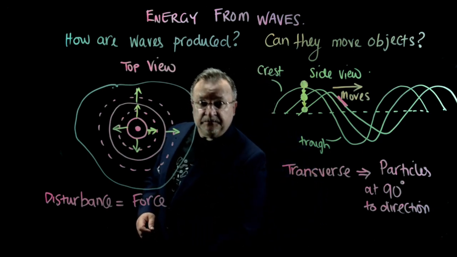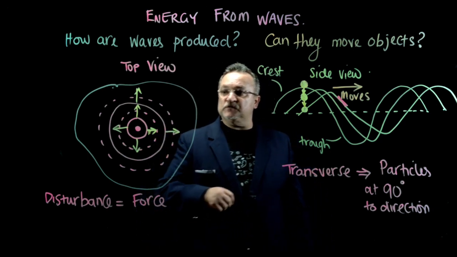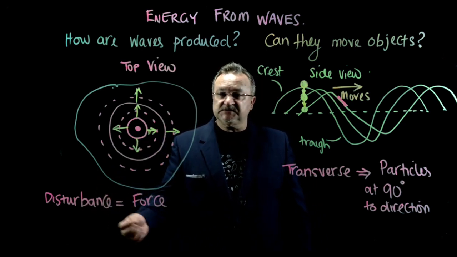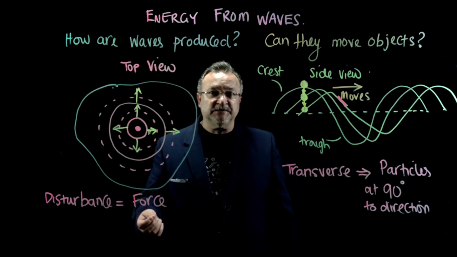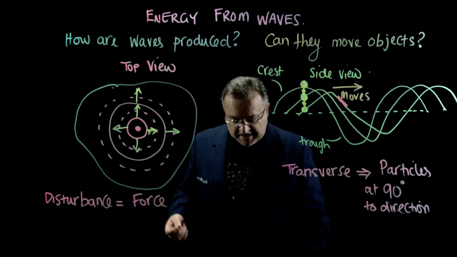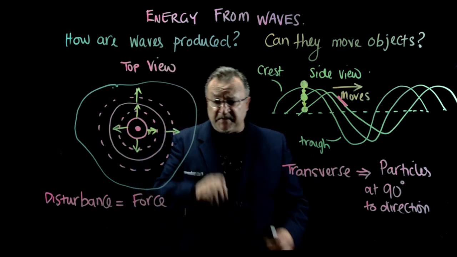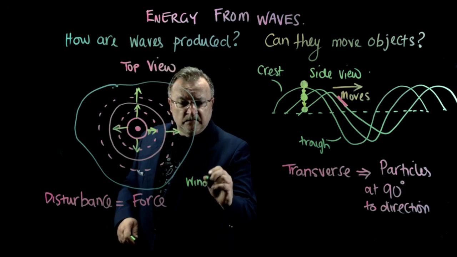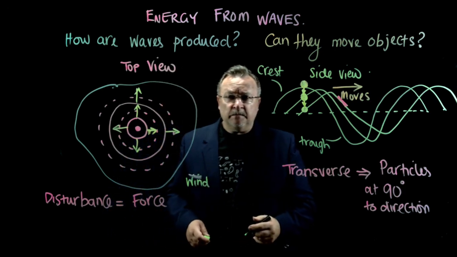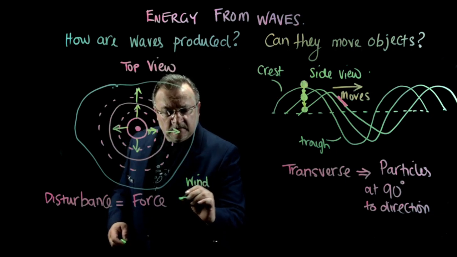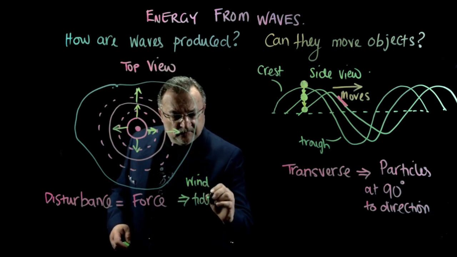So in summary, how are waves produced? Well, waves are produced by a disturbance. So anything that disturbs, for example, water will generate a wave. Other things that have the capacity to disturb water are things like the wind, and also things like tides.